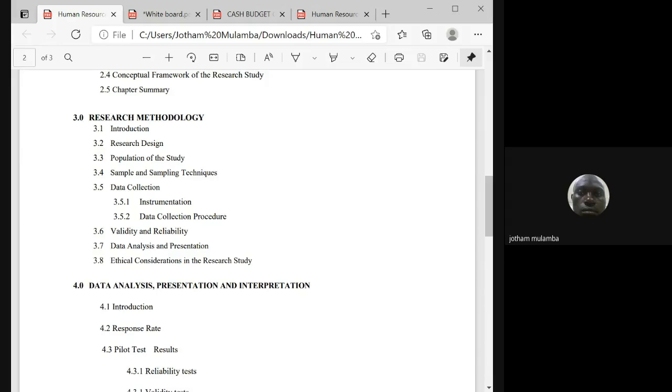Then we also have a scenario where you can use research assistants. But now, for those who are conducting research at the level of PhD, they are allowed to use research assistants, because most of them are very busy persons within the society. They are senior within several organizations, so they are allowed, and they also have several people whom they have trained, and they can use them to collect data on their behalf.